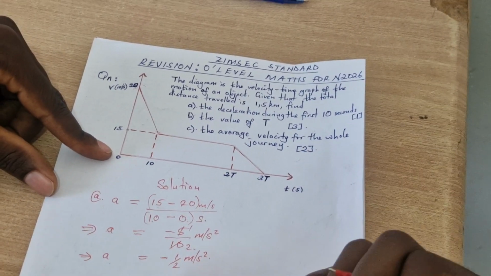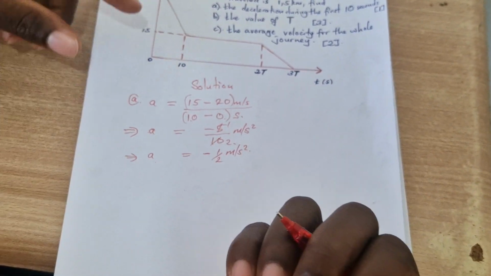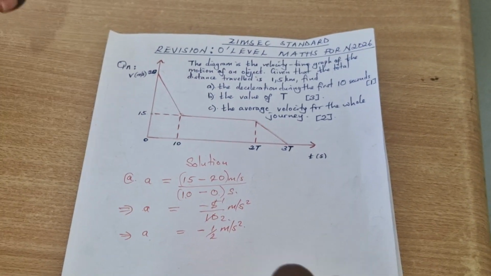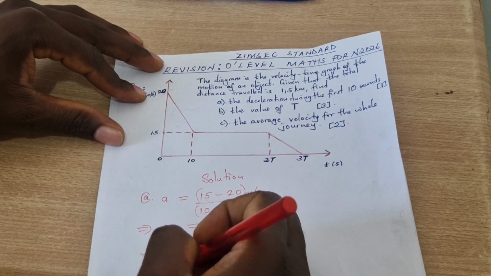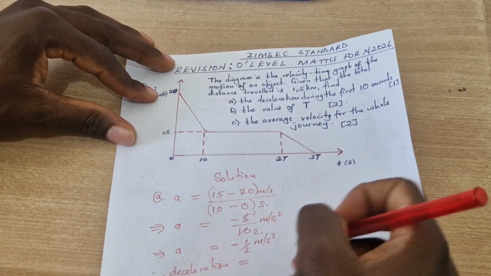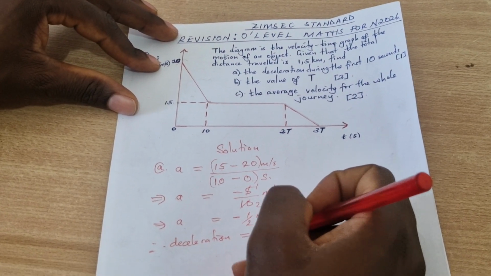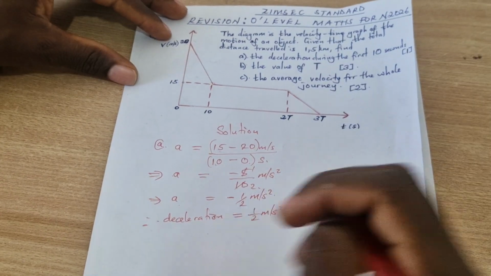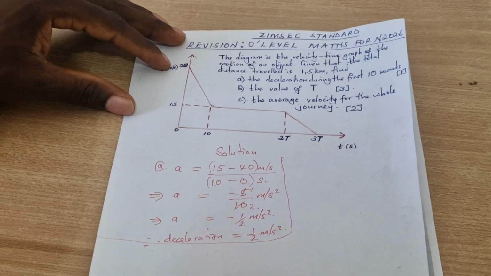Because we are asked to find deceleration, deceleration is the negative value of acceleration. Therefore, deceleration is equal to acceleration without the negative. So it's 1 over 2 meters per square second. So that's it on the first part of the question.